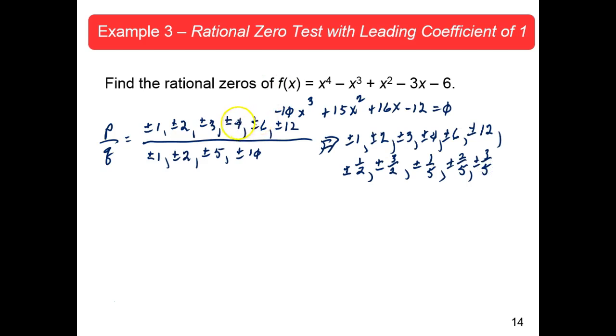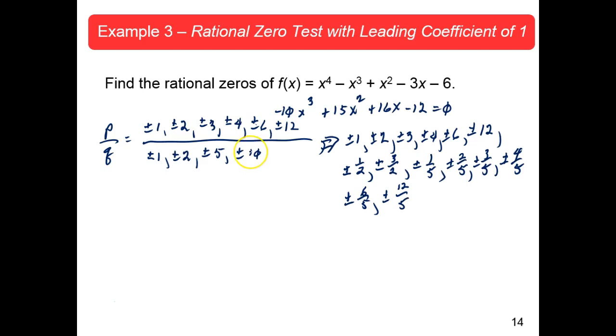And the next one's going to be plus or minus 4 over 5. And the next one's going to be plus or minus 6 over 5. And then we have a plus or minus 12 over 5. Wow, I had every one of those.